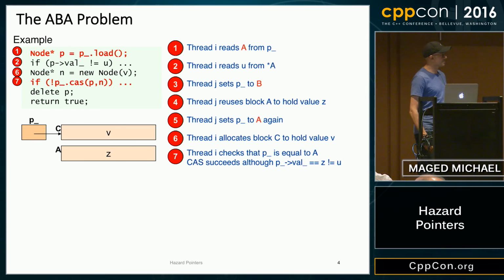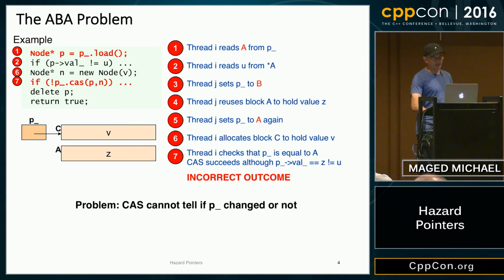Yes, the pointer was pointing to block A again, and we mistakenly assumed that means the value is still U, whereas actually we did a compare and set where the old value was Z, different from U. So this is an incorrect outcome. And the problem is that we couldn't tell if the pointer changed or not.